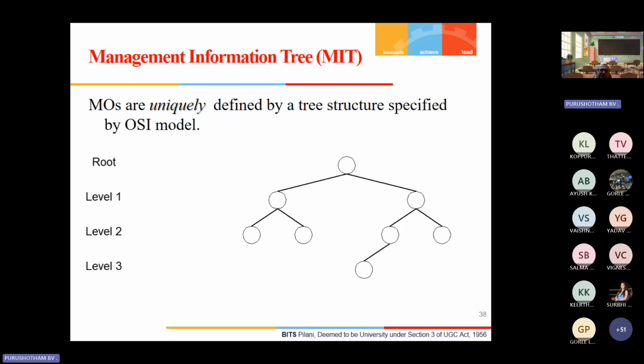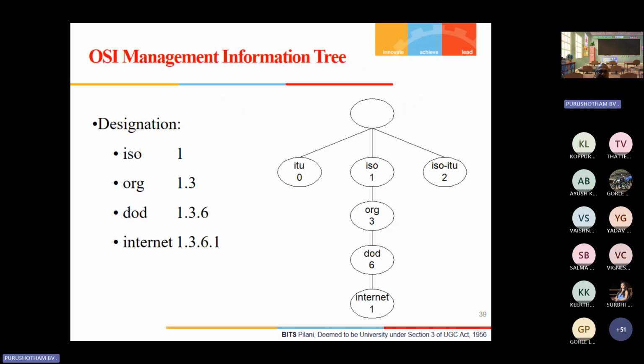Managed objects are uniquely defined by a tree structure defined by the OSI model. So in different levels. So now the designation we can apply with respect to the root to the ISO, ISO to ARG, ARG to DOD, then internet. There will be numbers associated or address associated with this.